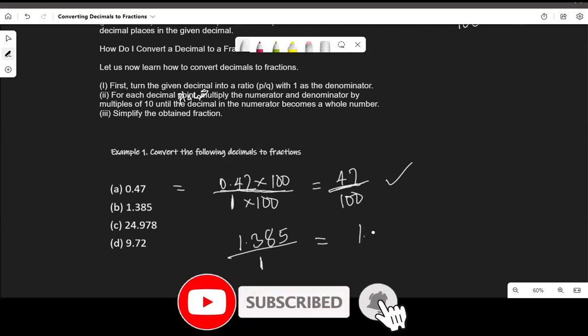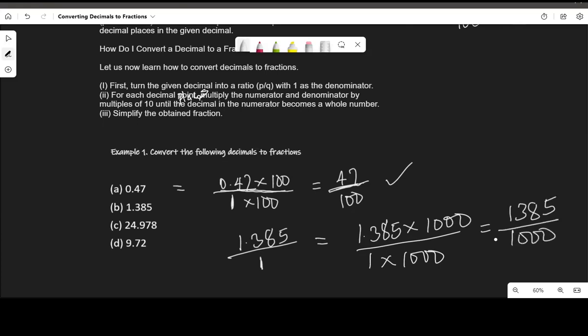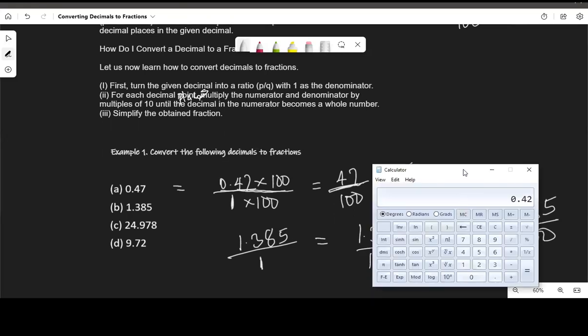So I'll have 1.385 multiplied by 1000 all over 1 times 1000. By the time we multiply this by 1000, it becomes 1385 all over 1000, and the decimal is gone. I don't think there's anything that divides 1385 and 1000, but let's check whether 1385 divides by 5, since we have 5 at the end there.